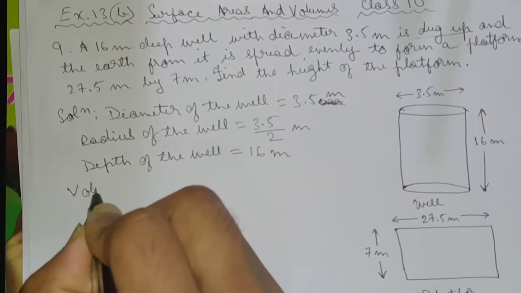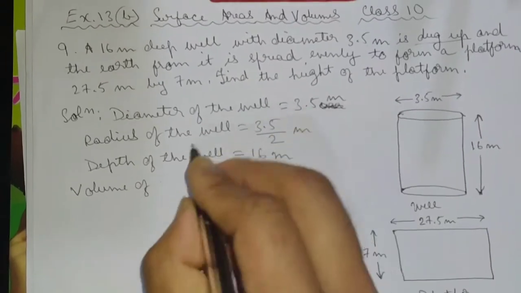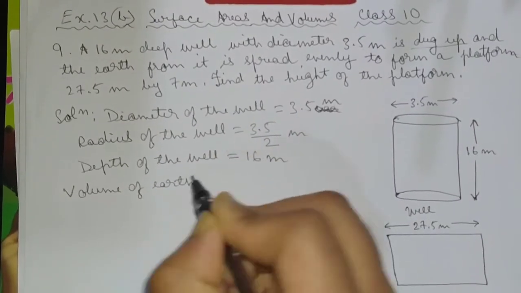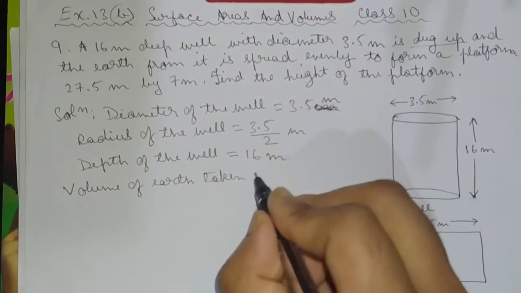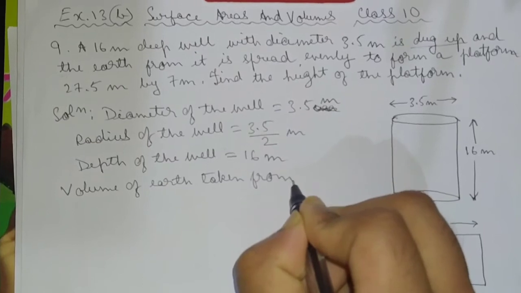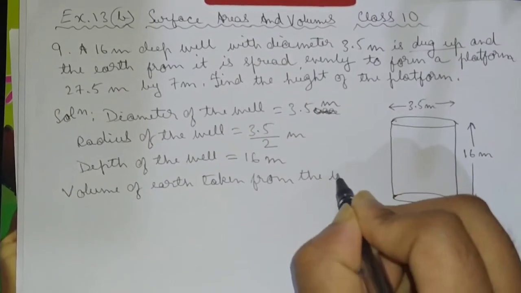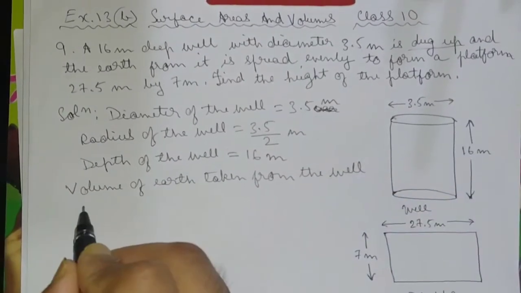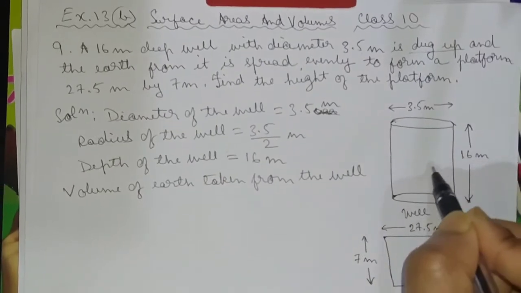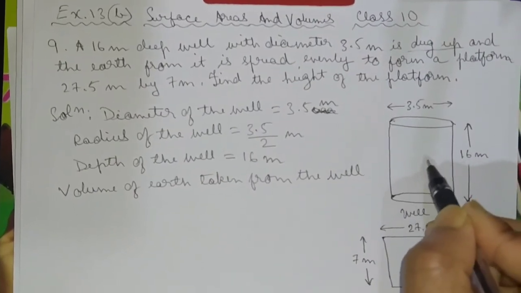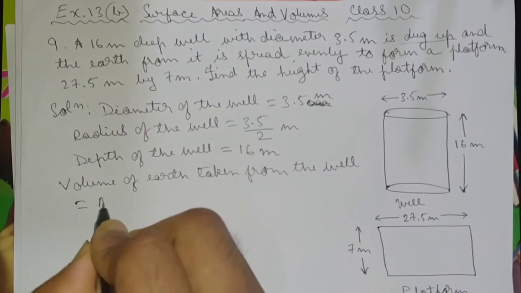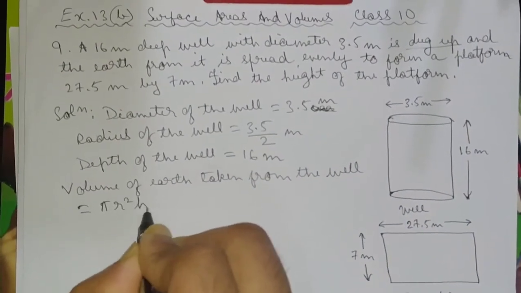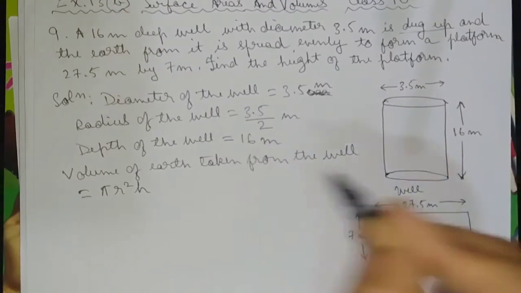Volume of earth taken from the well is equal to volume of cylinder. Volume of cylinder formula is pi r square h.